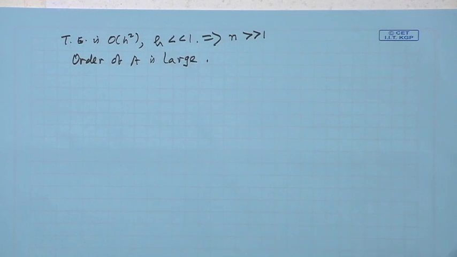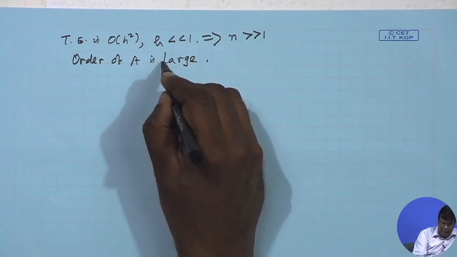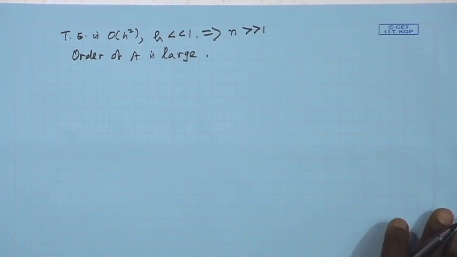Now, because of this tridiagonal structure of the matrix A, we could get an algorithm, the Thomas algorithm, which is a direct algorithm without doing any iteration like Gauss-Seidel or Gauss-Jacobi. So, one can obtain the solution directly. That is the advantage of having a tridiagonal system.